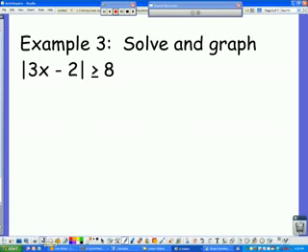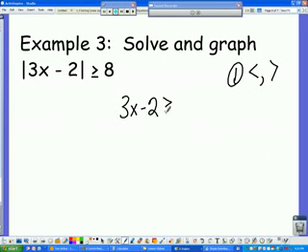All right, example number 3 is, first of all, I have to decide, is it a less than or is it a greater than? And since this one is a greater than, same rule applies. So we're going to, first of all, just rewrite the question as it was without absolute value bars. 3x minus 2 is greater than or equal to 8.